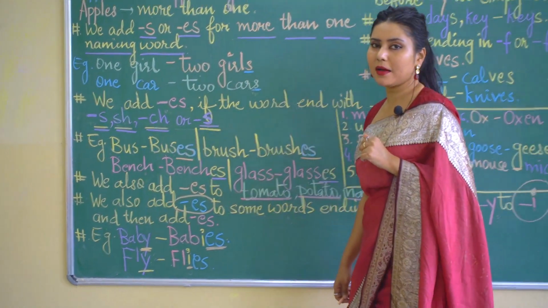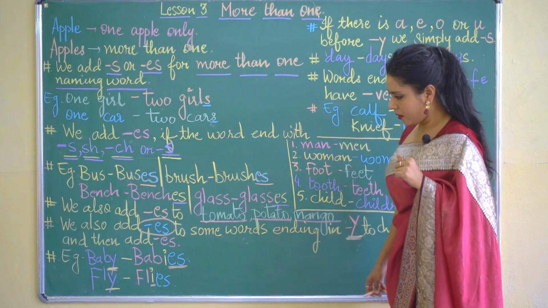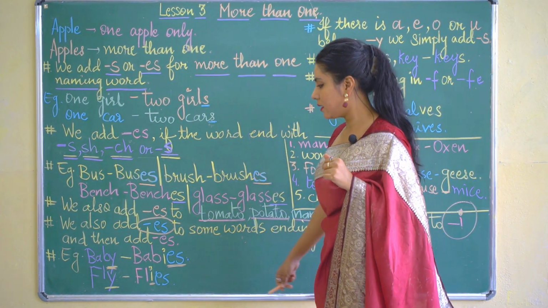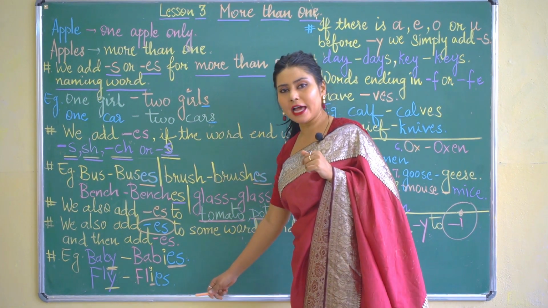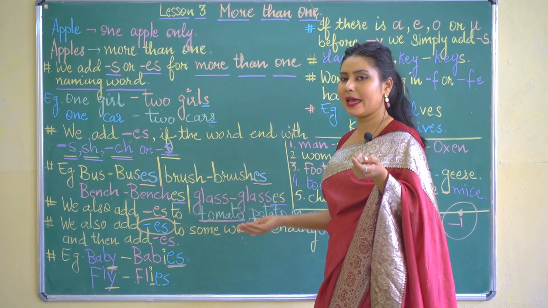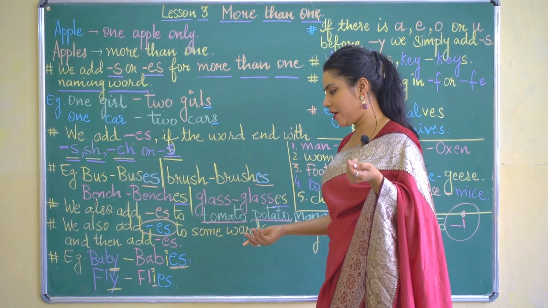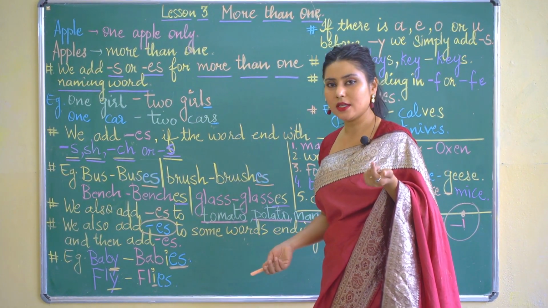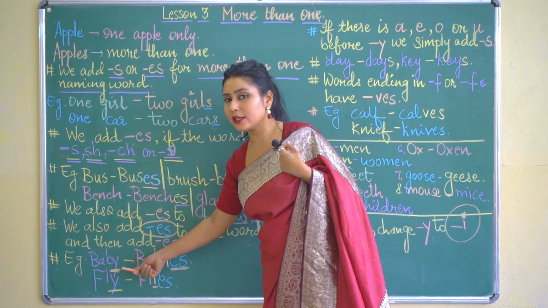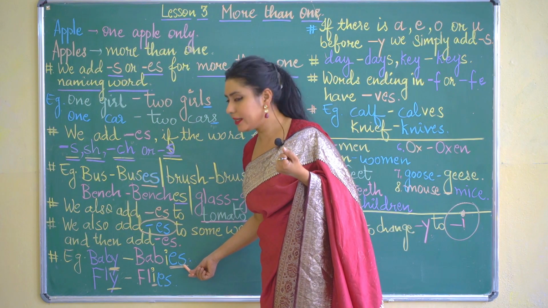So this will become flies. I hope you understand this rule, children, because this is very important. Baby, babies, fly, flies. There is no B-A-B-Y-S, and there is no F-L-Y-S. You have to understand how you turned this Y into I and then added ES.